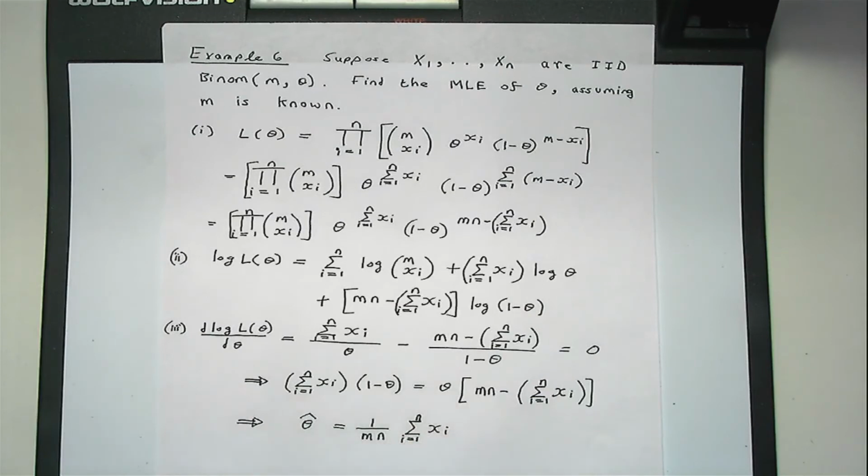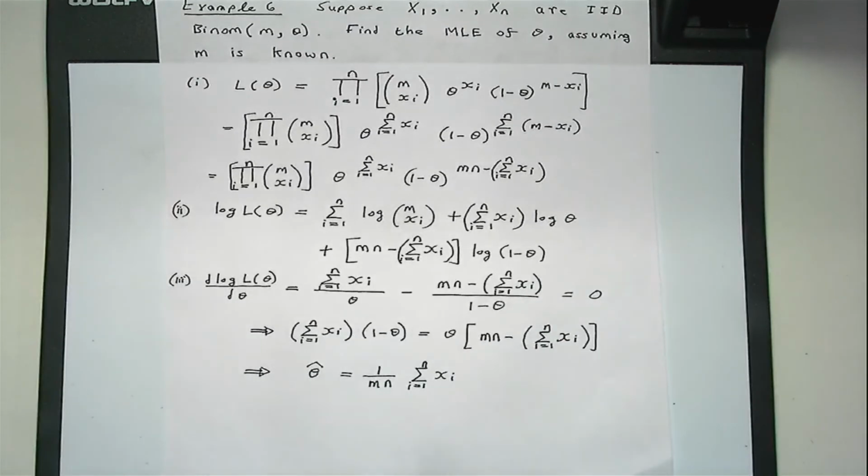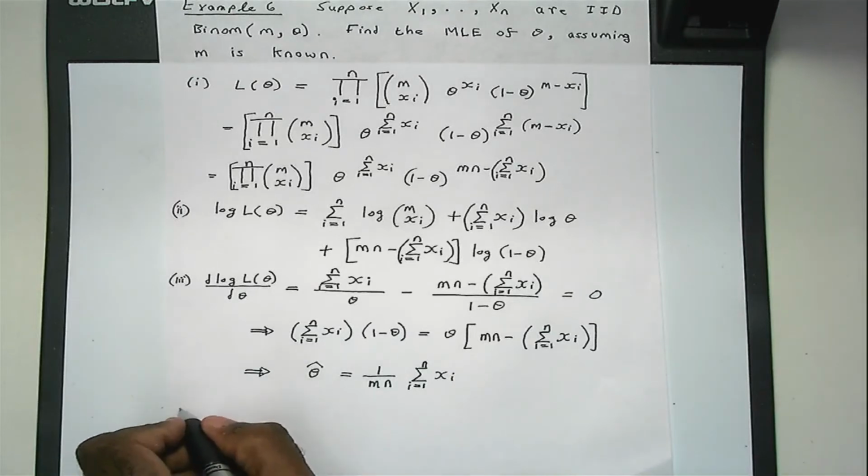Right, now the final step is to show that the second derivative is negative.